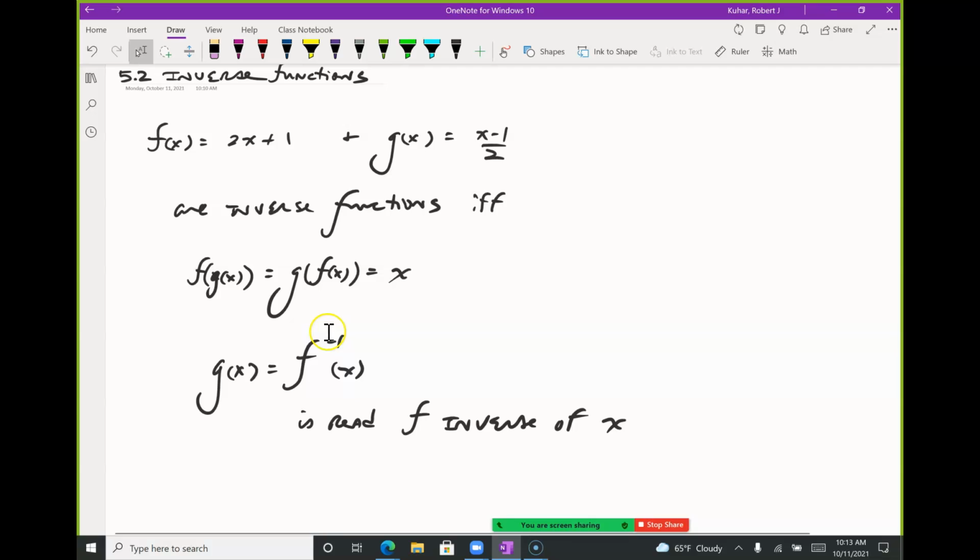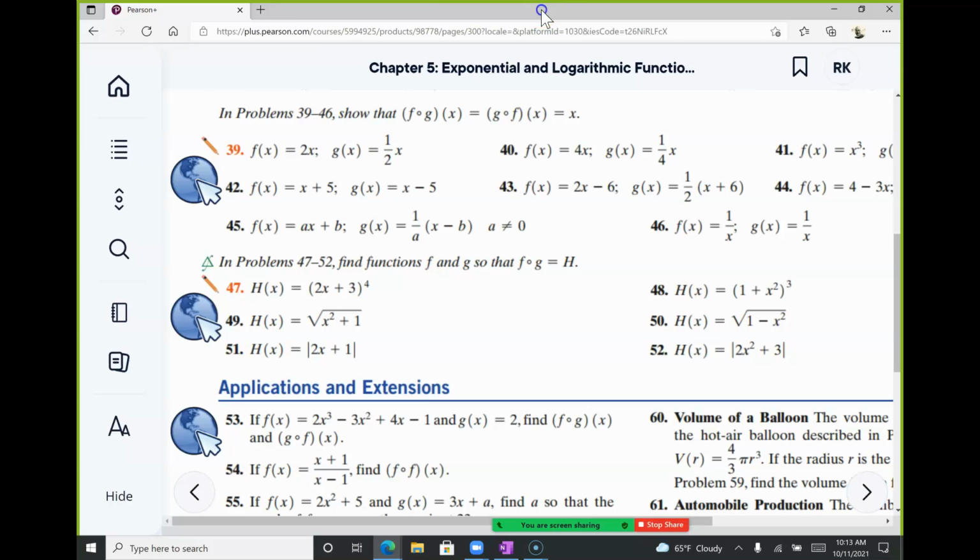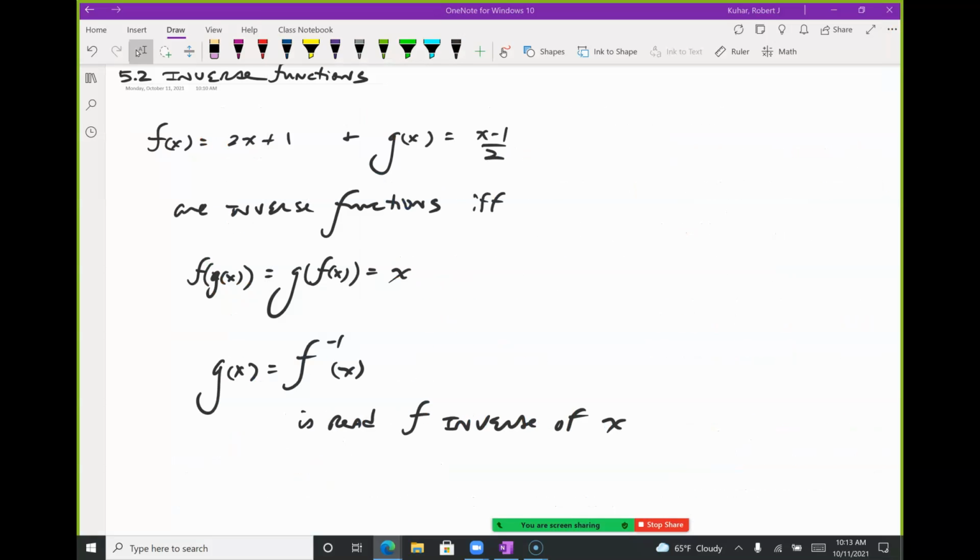So just be careful about thinking of that as being reciprocal. It's not a reciprocal. I'm trying to write as little as possible, so I'd rather write g. It's a lot more basic.